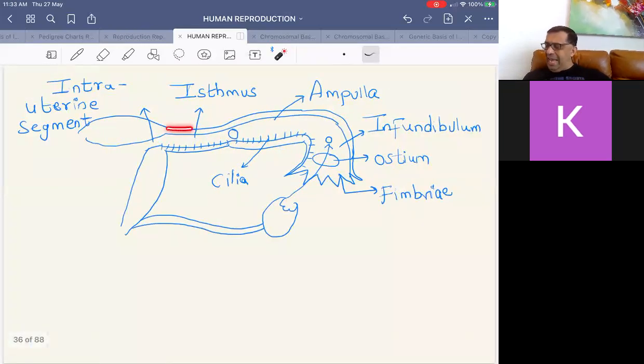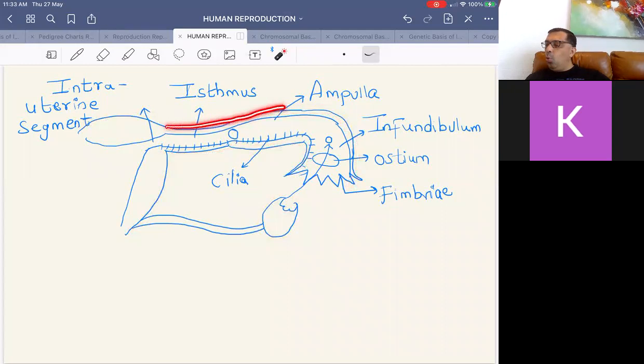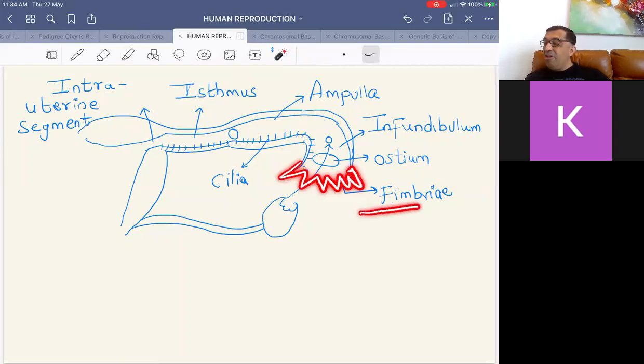Each fallopian tube is about 10 to 12 centimeters long, very muscular, and has, listen carefully, lots of finger-like projections at its tip, which are called fimbriae.